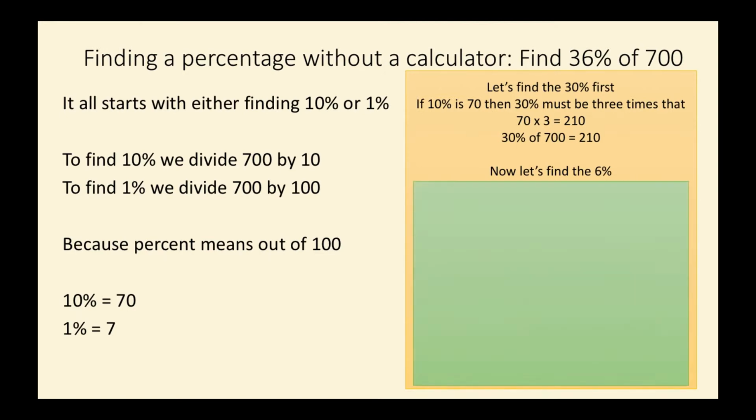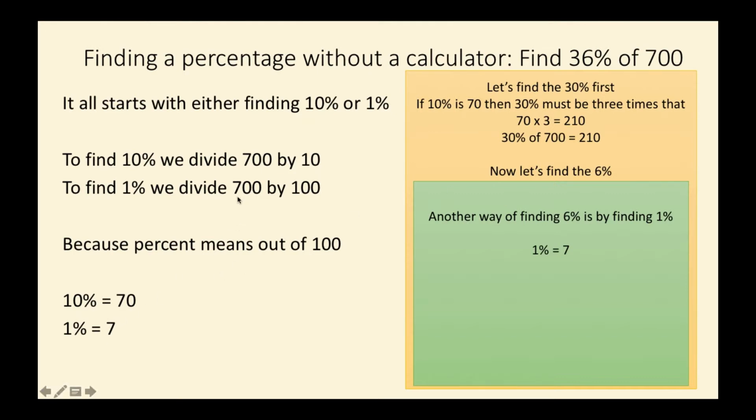Now there's another way, like I said, to find the 6%. So let's just recap. To find 30%, we find 10%, which is 70, and then the 30% must be 3 times that. So 70 times 3 is 210. 30% is 210. To find the 6%, we can find 1% first. So 1% was 7, remember?